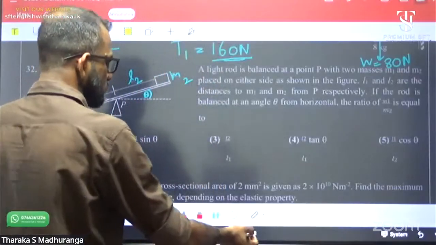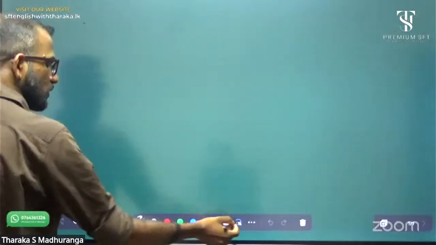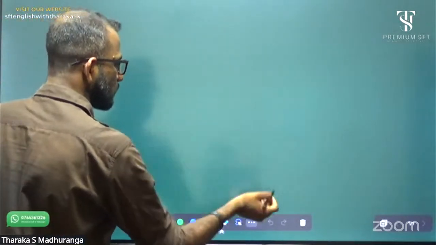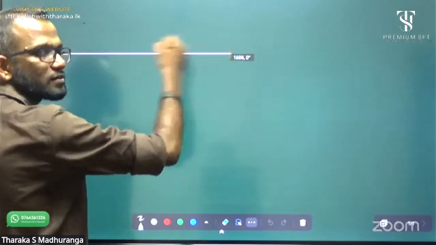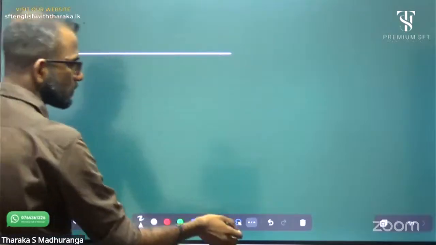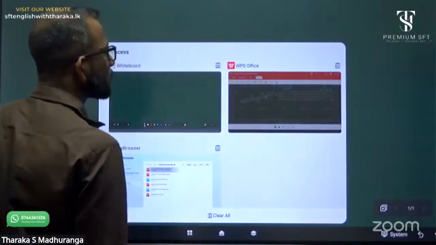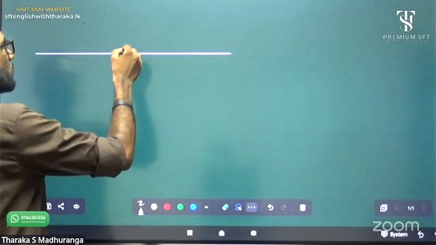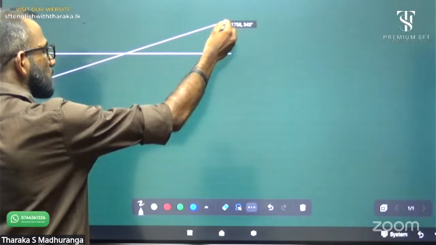It's a good question. Now think this is the rod, and this is the horizontal axis. This is point P, a fixed point, and this is the rod.